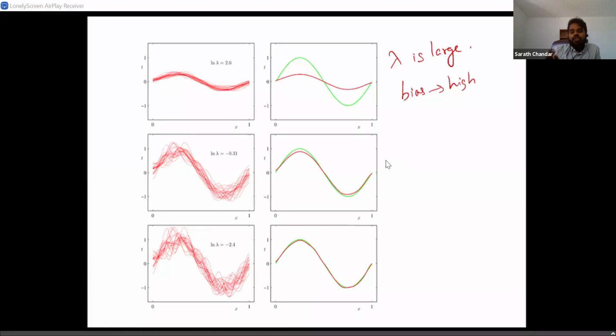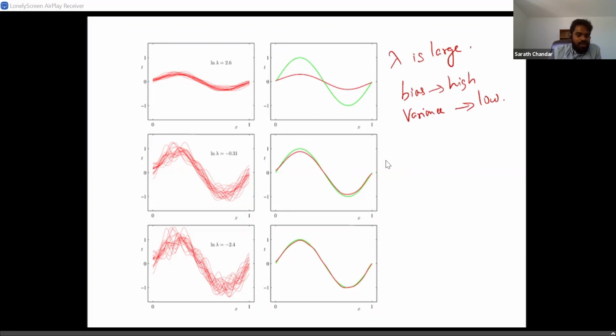You're highly biased towards solutions which have smaller magnitude, and the variance is going to be low. This is visible on the left-hand side, which shows 100 different functions fitted for 100 different data sets, and all these functions are very close to each other.